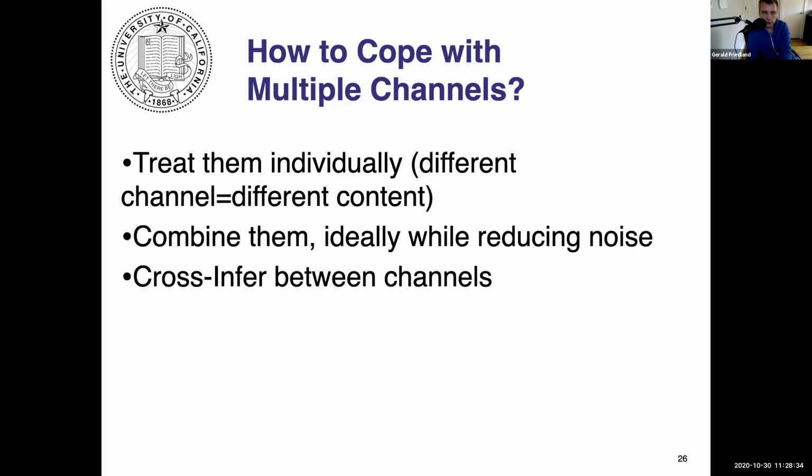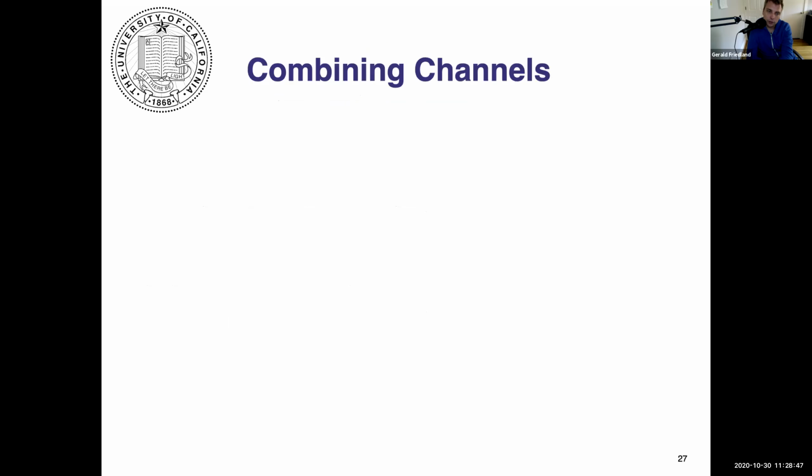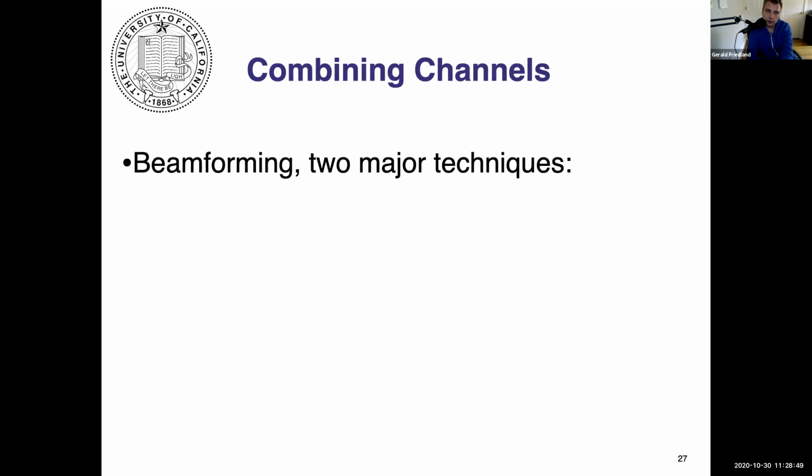And what you need to do is cross infer between the channels, either using machine learning or using what I tell you next, which is called beamforming. The way to do that is to delay and sum the signal. So what is delay and summing?